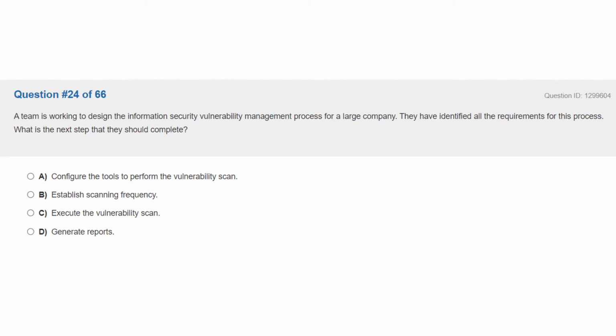Question 24. A team is working to design the information security vulnerability management process for a large company. They have identified all the requirements for this process. What is the next step that they should complete?